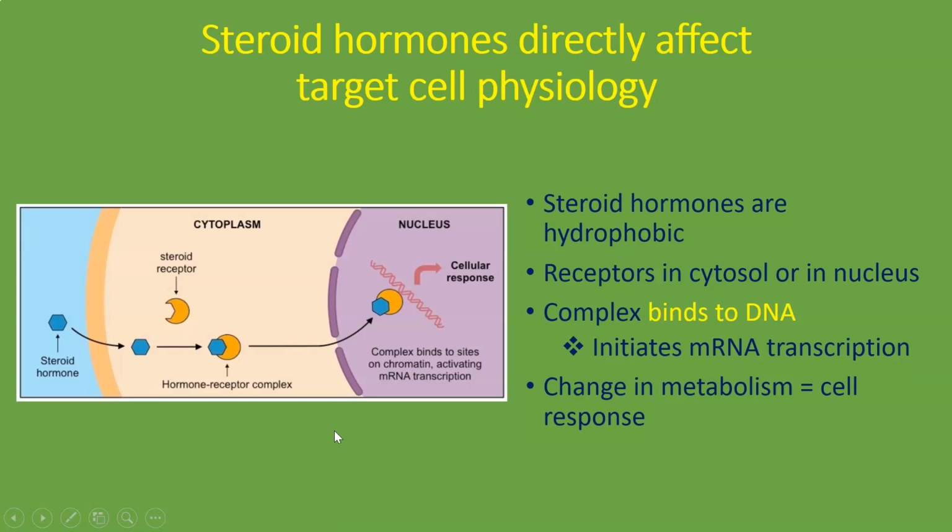Now, steroid hormones, which are hormones that have a steroid backbone, the one that has the 4-ring structure, are going to directly affect target cell physiology, which basically means that these hormones are going to cross the cell membrane, enter the cytoplasm, bind to a receptor, and then together the hormone and its receptor, also known as the hormone receptor complex, are going to enter the nucleus and bind to DNA, and it's going to activate mRNA transcription.